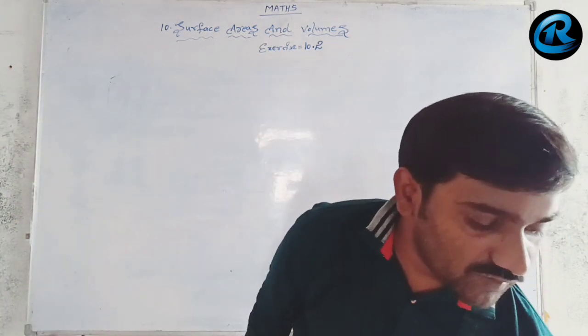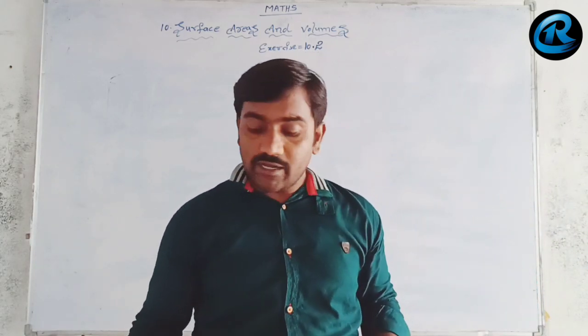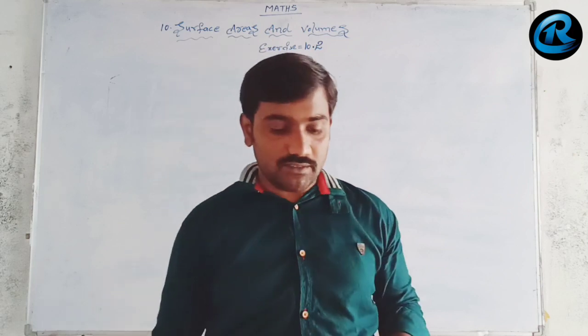Now we go for the first question. If you have a textbook, you can look at it, or not, at the beginning of the video I will give you the textbook.